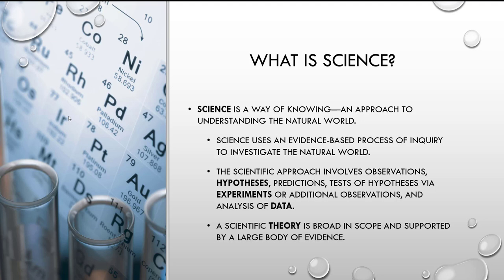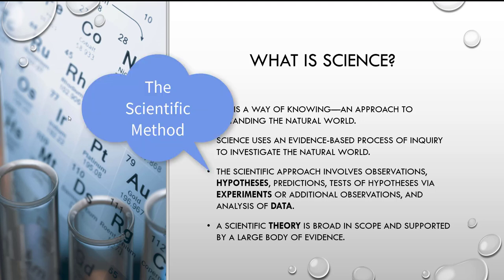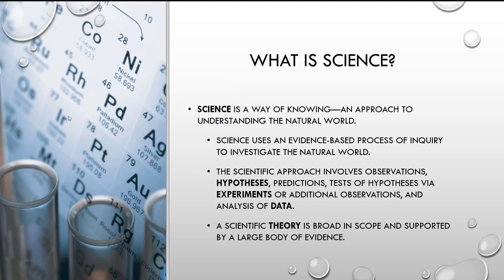The scientific approach involves observations, hypotheses, predictions, tests of hypotheses via experiments or additional observations, and the analysis of data. So that is what we call the scientific method. So we're going to talk about the scientific method in detail. And it's a very intuitive process. I mean, you've done the scientific method all the time and you don't even know you did it.